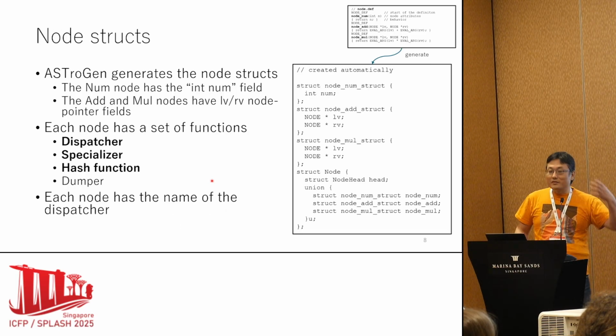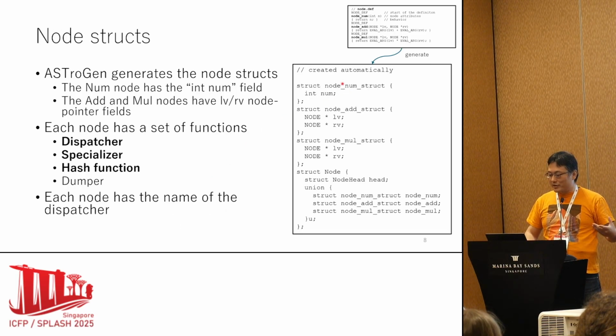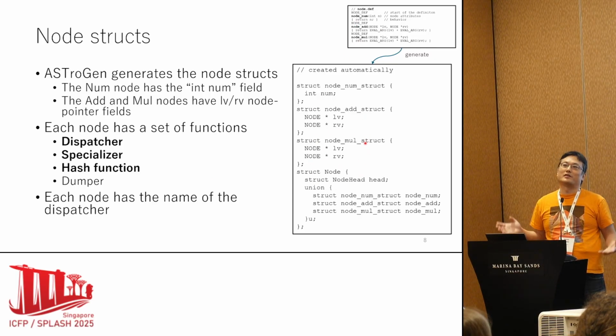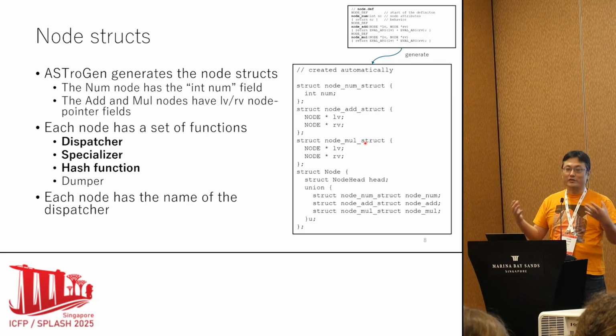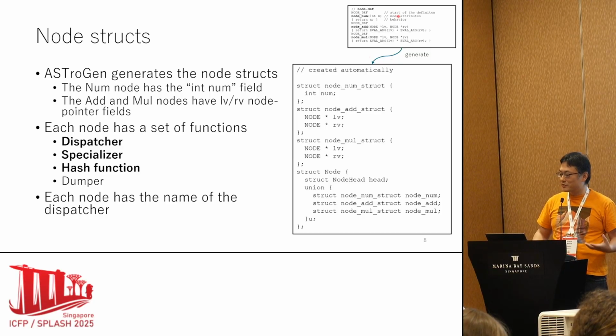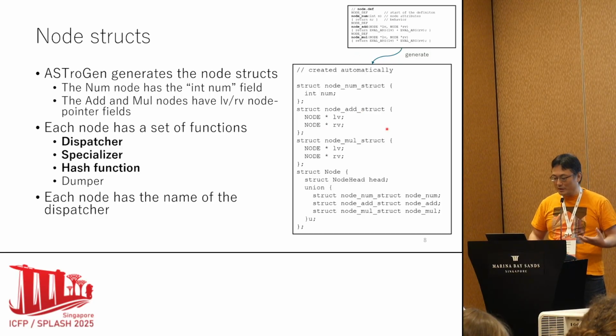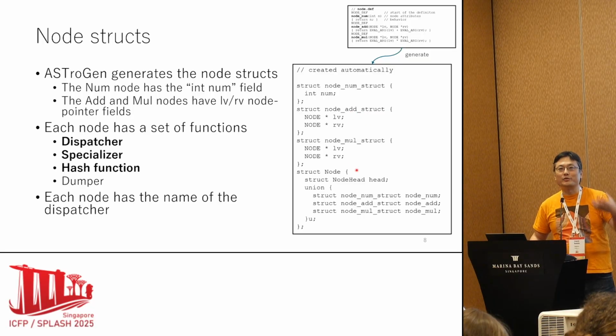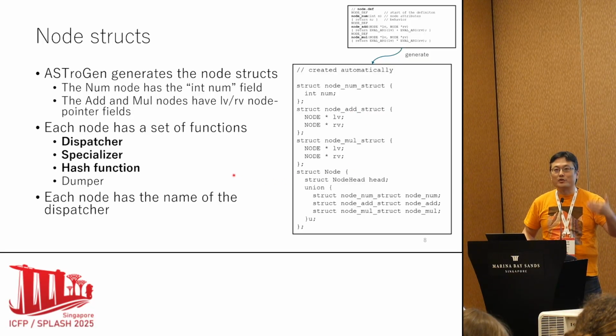So ASTrogen generates the nodes header. So you don't need to write a header, the struct declaration, anymore. ASTrogen generates it automatically. And each node has a set of functions like dispatchers, specializers, and hash functions, and so on.